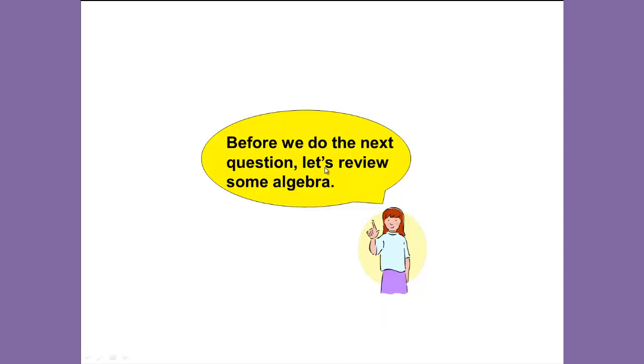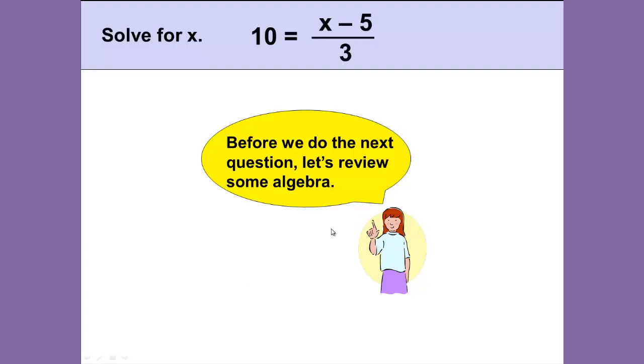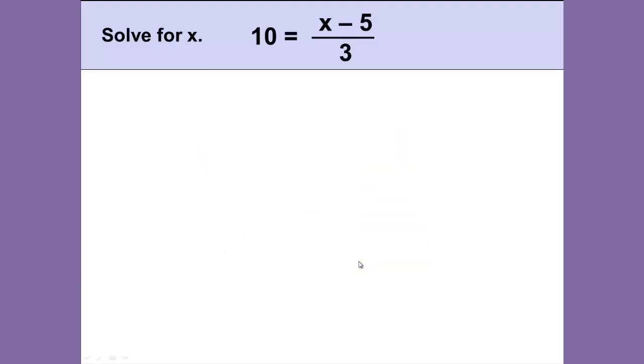Before we do the next question, we will review some algebra. Let's look at the question 10 equals x minus 5 over 3 and review how we would solve this problem.